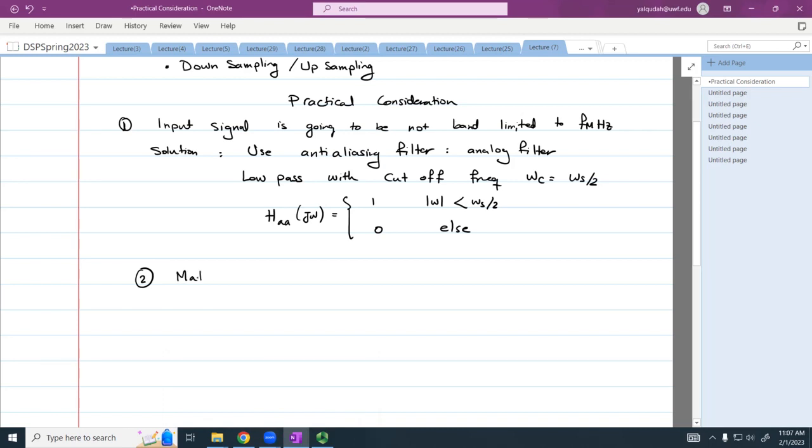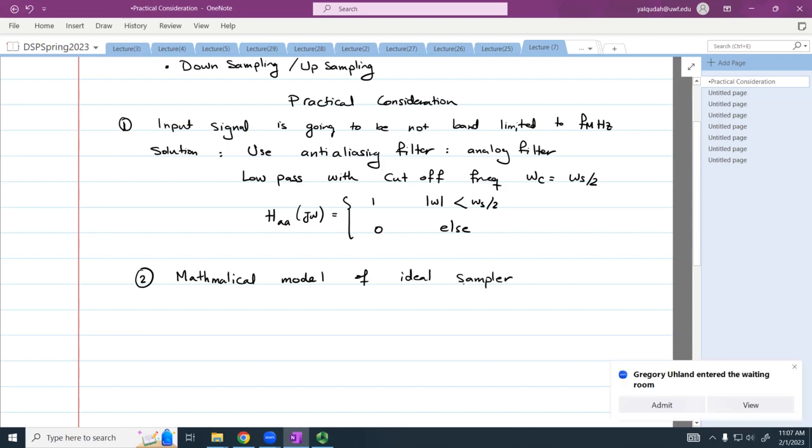The second practical consideration is the mathematical model of our ideal sampler. What was the ideal sampler? The impulse trains, the deltas, the delta function.